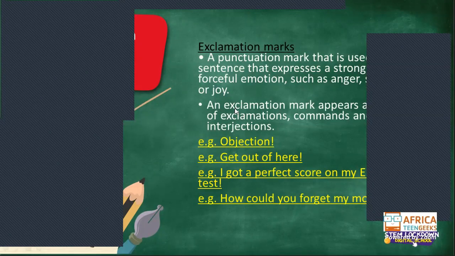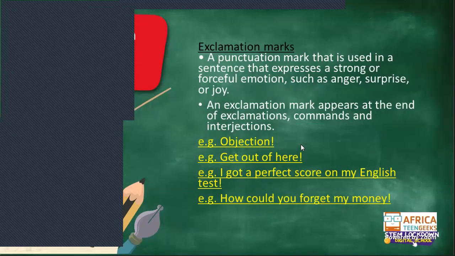Another thing is that an exclamation mark appears at the end of exclamations, commands, and interjections. I have a couple of examples there. The first one: Objection! You may have heard that in those series or movies where they are in the courtroom. A witness will be saying something, and then one lawyer will just stand up and say, objection!